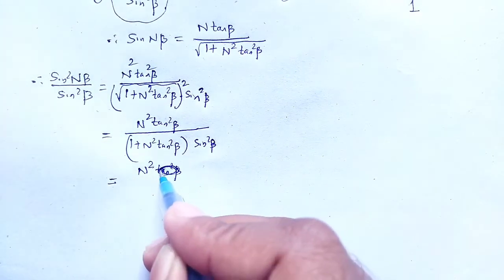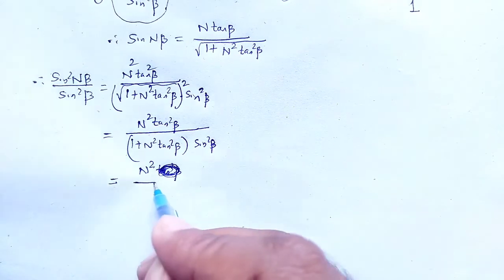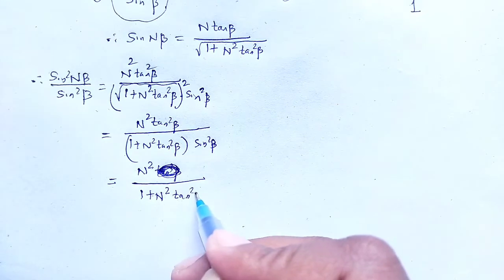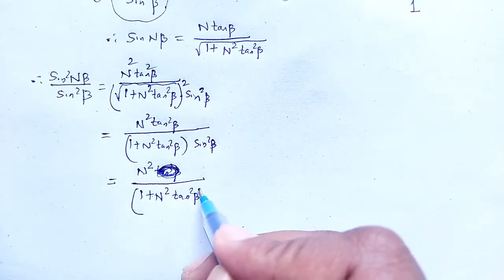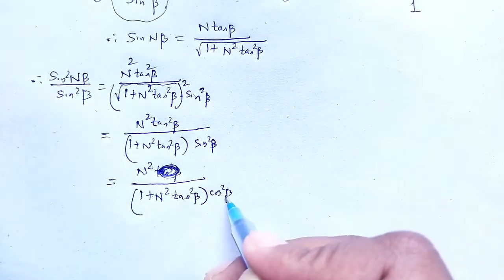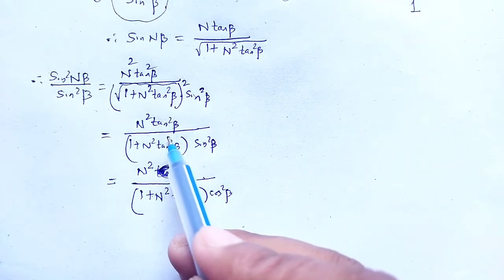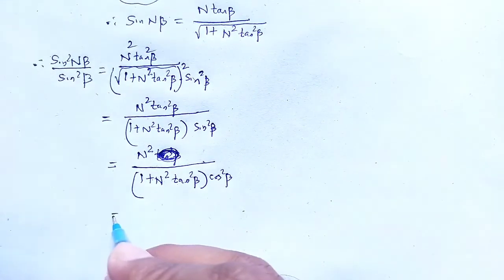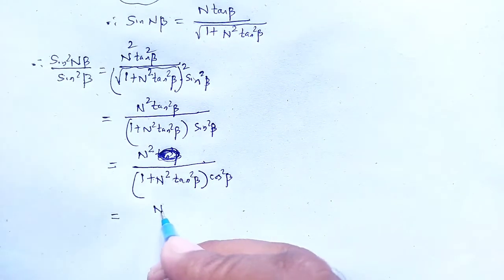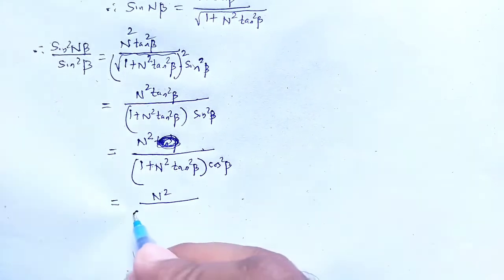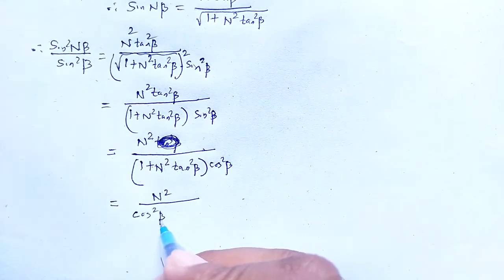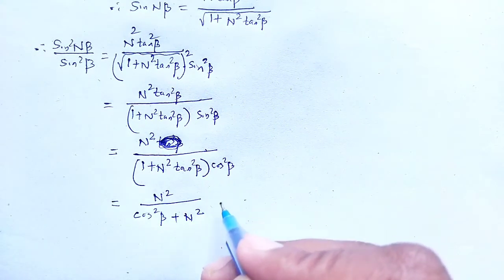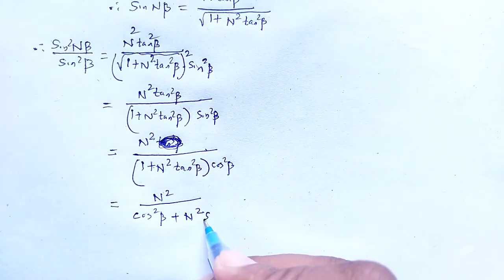Tan is totally replaced, right: 1 plus n square tan square beta into cos square beta. So that is sin by cos, sin cancel out, so cos term exists, we have n square divided by cos square beta is multiplied plus n square, again sin square by cos square into cos square beta, cos square cancel out, we have sin square beta.